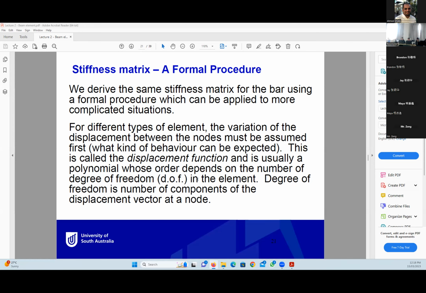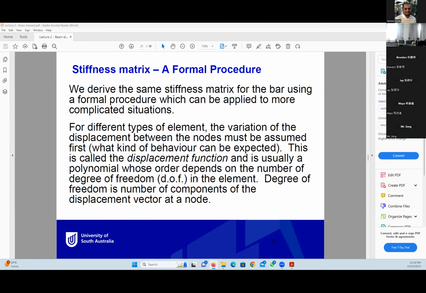In each element, according to the element type, we expect a number of degrees of freedom, which is the expected displacement or rotation at each node. If it is a truss element, we expect one degree of freedom at each node. If it is a beam element, we expect 2 degrees of freedom. If it is a 3D element, we expect 6 degrees of freedom at each node.